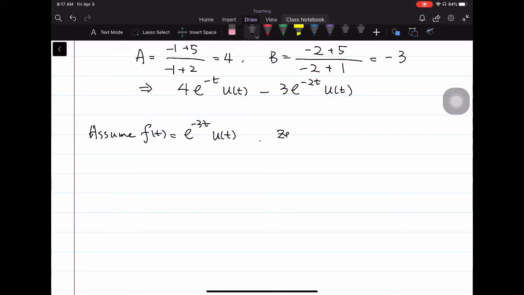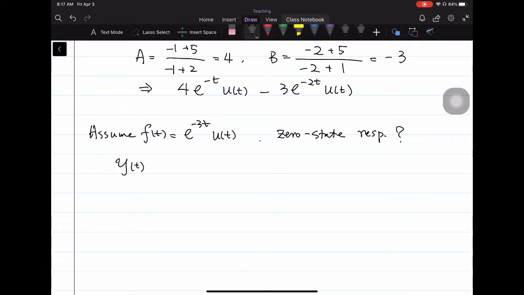I want to know the zero state response. How to calculate this? Right? So y of t is representing the zero state response.